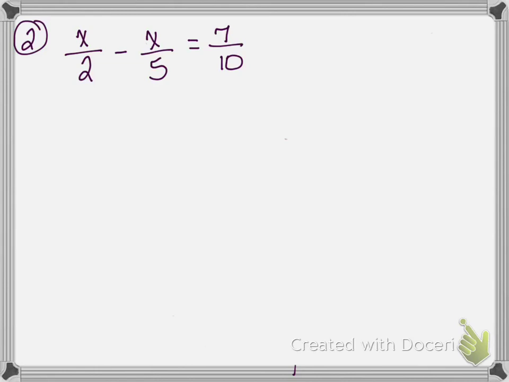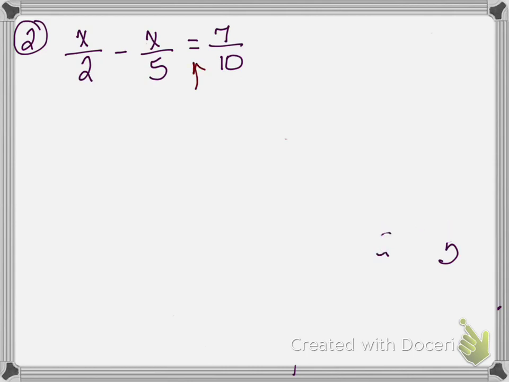We are still solving because we have an equal sign. Now, if I was simply adding x over 2 and negative x over 5, I'd have to get a common denominator, and I'd have to rewrite those as a common denominator. Okay? But that's not what I have to do because I have the equal sign.